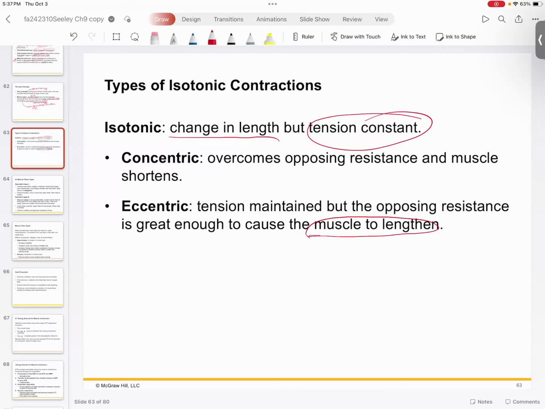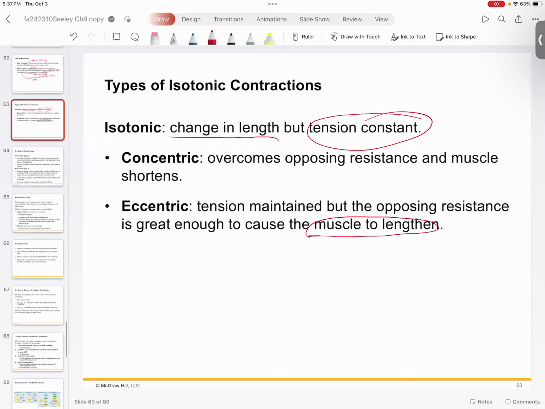There's quite a bit of biophysics in the biomechanics of motion and movement in the body, which you get into in much more detail when you take things like kinesiology.